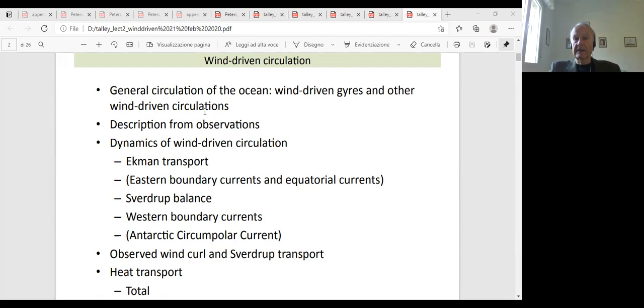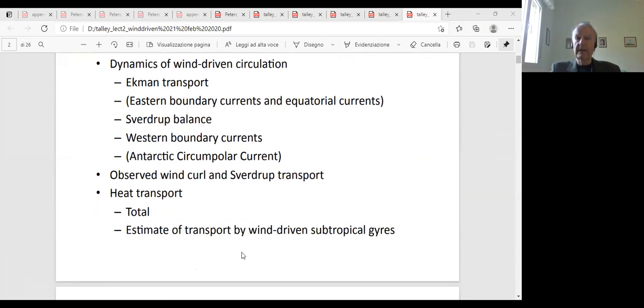Certainly, all this is based on observations, and so we will be addressing the observed wind curl and Sverdrup transport in order to see to what extent these solutions are a good approximation of whatever is happening in the ocean.